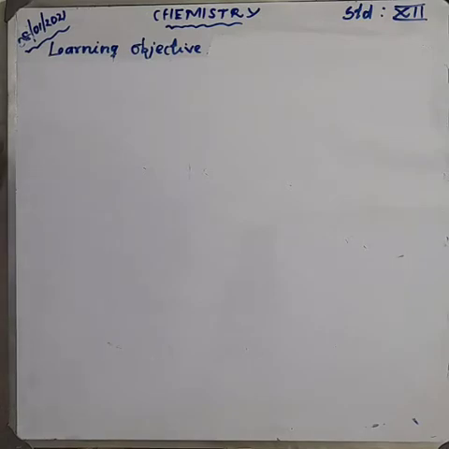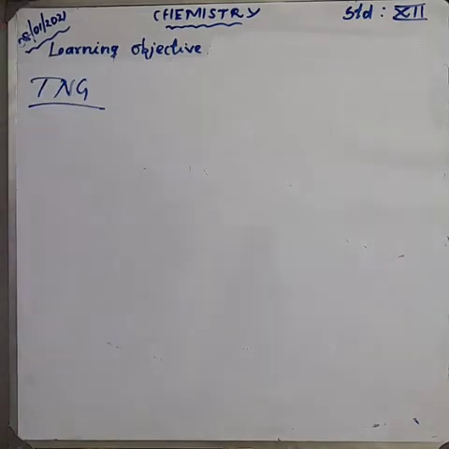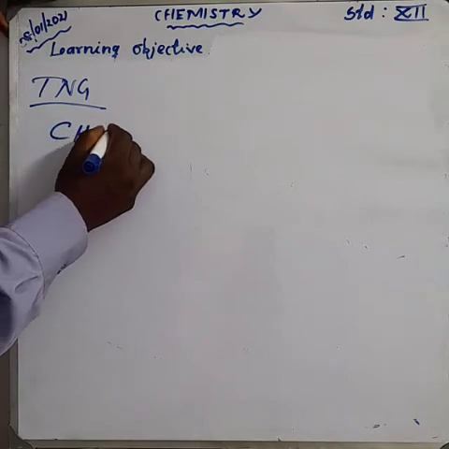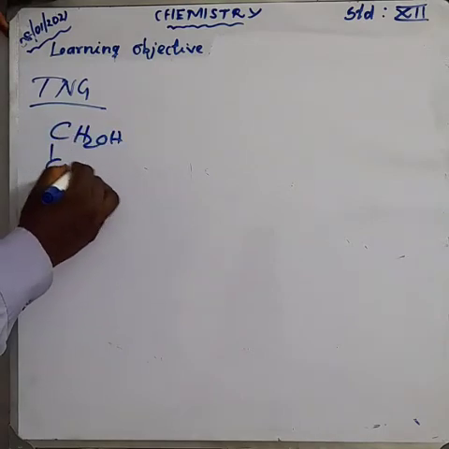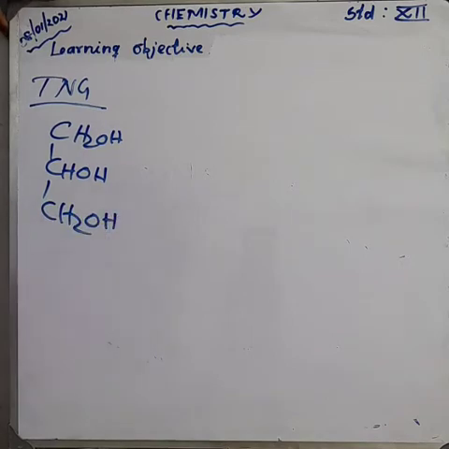Otherwise, how is TNG, trinitroglycerine, prepared? First of all, you should write the glycerol formula: CH2OH, CHOH, CH2OH. This is the formula for glycerol.